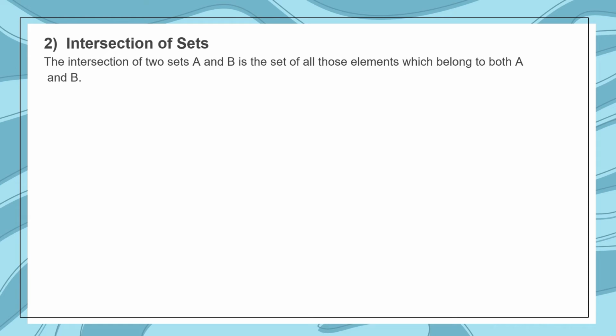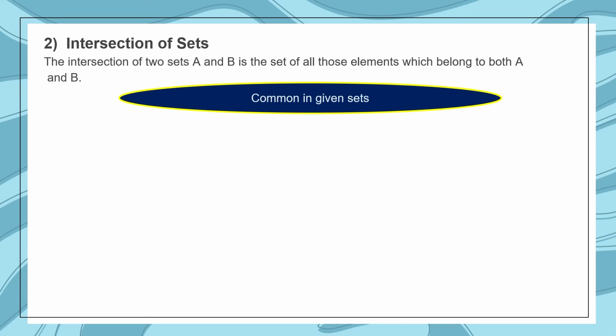What is the difference between union of sets and intersection of sets? In union of sets, we consider common and non-common elements between sets, but in intersection of sets we consider only common elements, right students? Its symbol is the opposite of U.